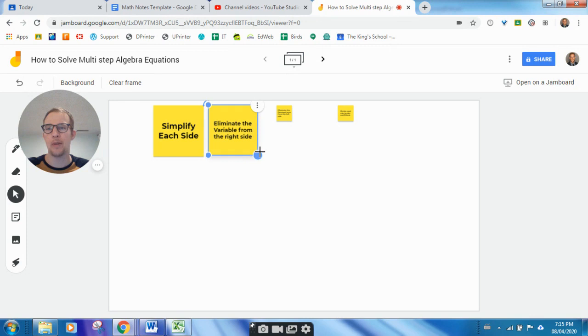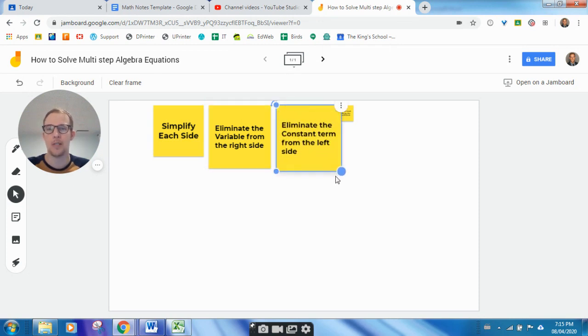The second step is to eliminate the variable from the right side of the equation. The next step is to eliminate the constant from the left side of the equation, and I'm going to show you guys how to do that in a minute.